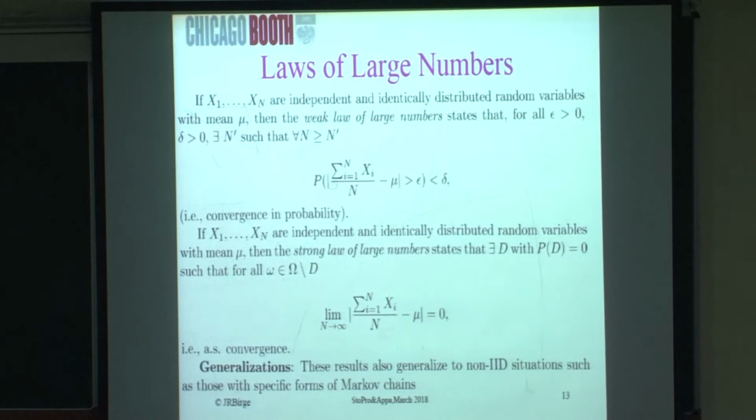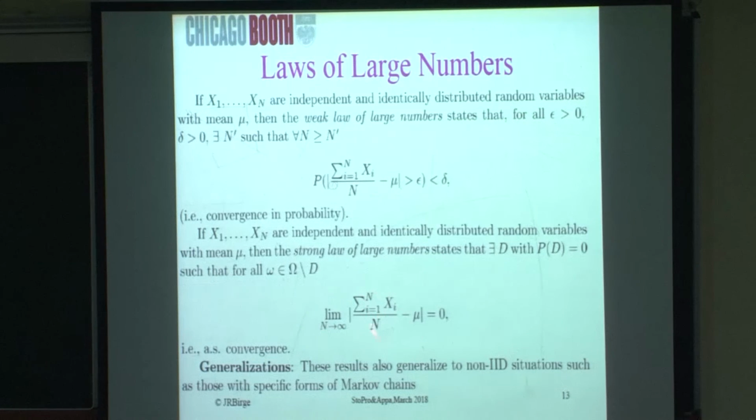So that gives us the strong law. Now, as I said, these can be generalized. There are a lot of situations where things are not IID. We need something like: if I take the sum of covariance across time, I get something finite, so I don't have really strong dependence between events.